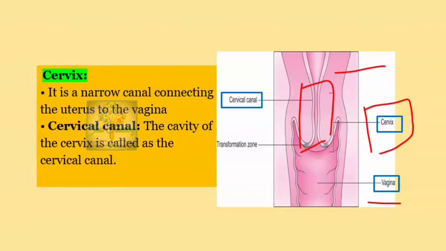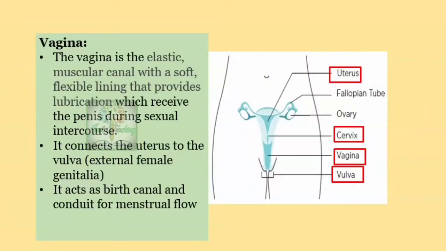Next we will start with the vagina. The final part of the female accessory duct we call the vagina. Vagina is an elastic muscular canal, very flexible, and it provides lubrication during sexual intercourse.